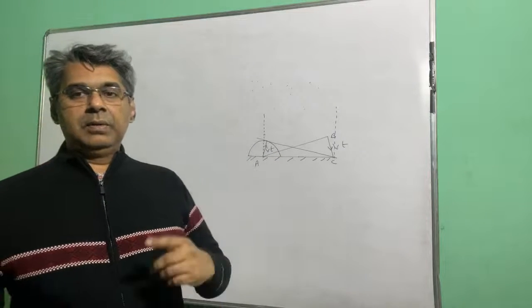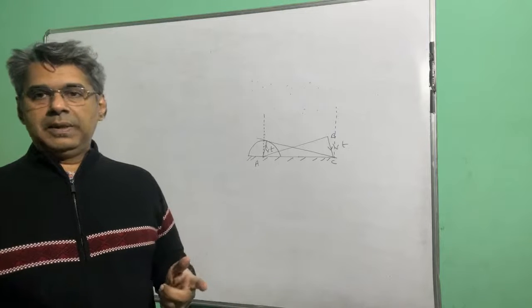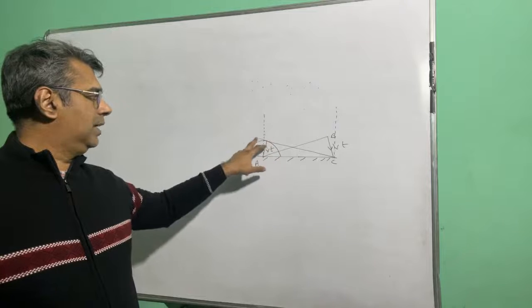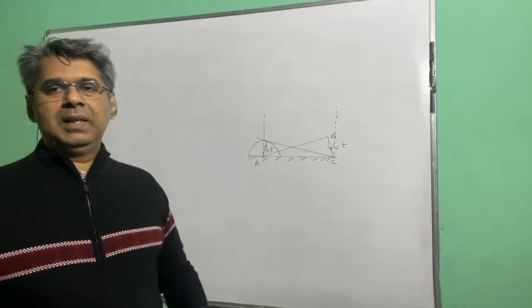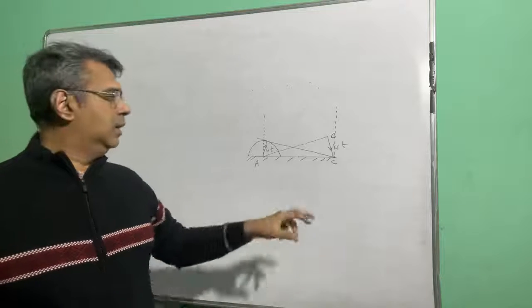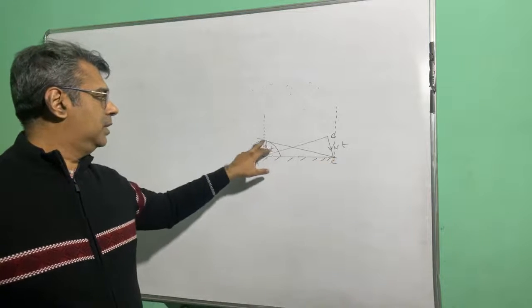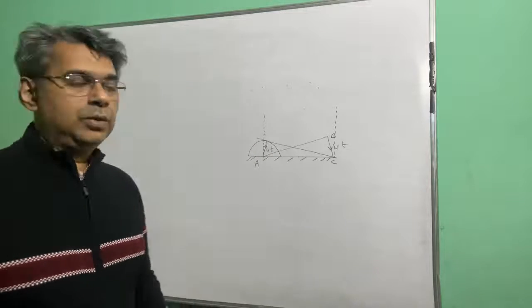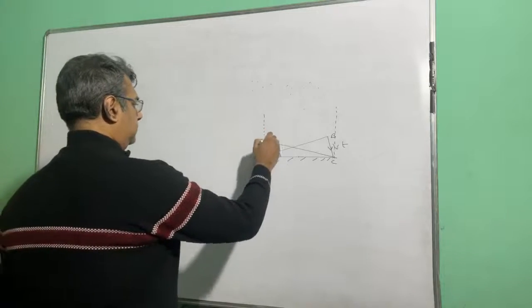And the wavefront has to be perpendicular to that. So what is perpendicular to radius? Tangent. So from the point C, you draw a tangent to this wavelet, something like the way you would draw a tangent to a circle from an external point. So this tangent will become the new wavefront.